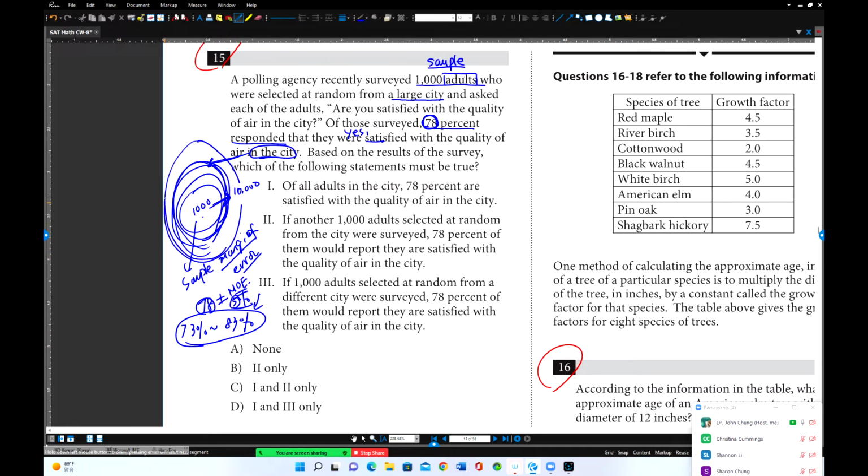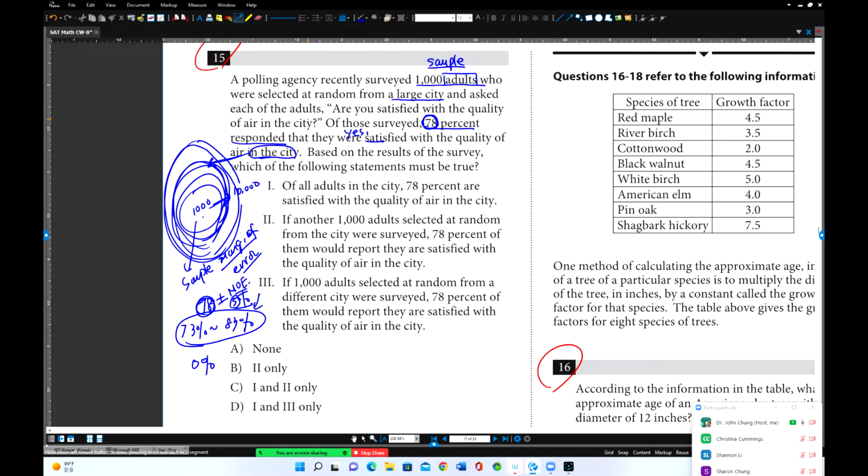If they surveyed the entire population, then the margin of error is 0%. Now you can say 78% for the population because you surveyed everyone.